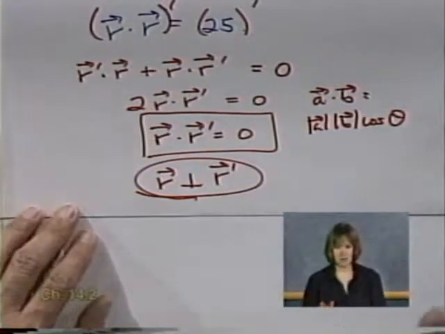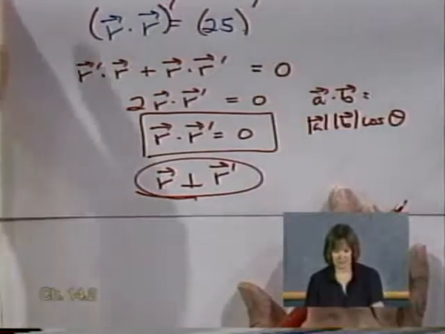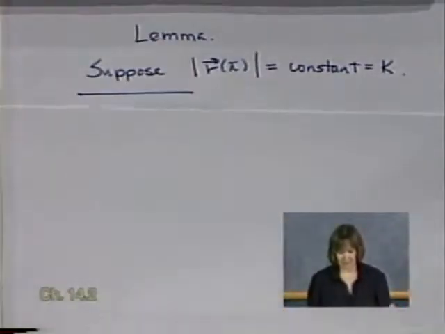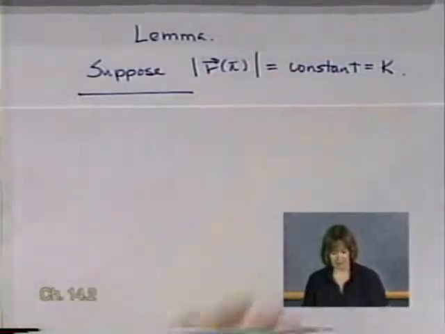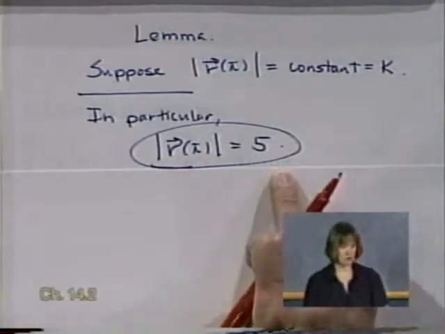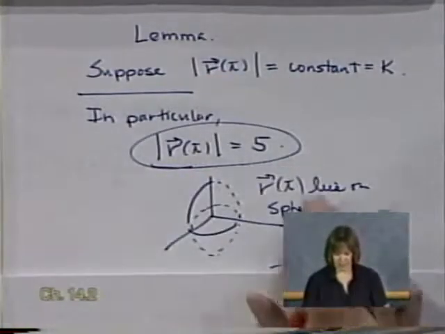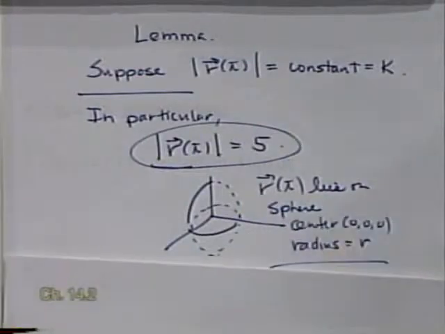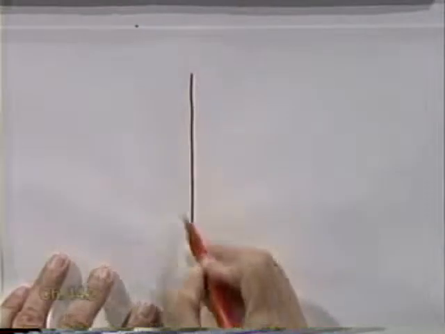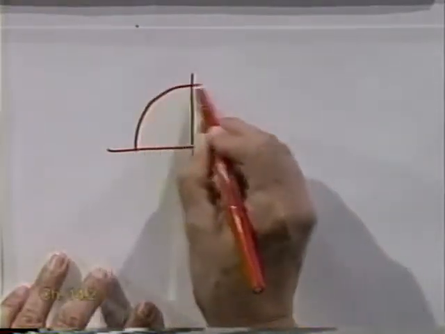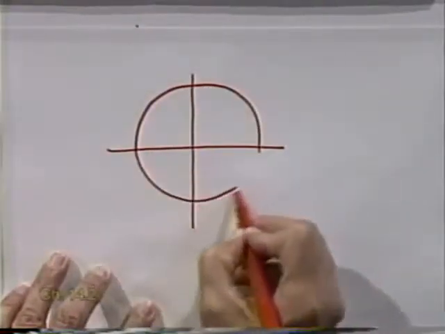Now, let me do this drawing in 2D instead of 3D. If the magnitude of r is a constant, in particular, if the magnitude of r is 5, we said in 3D I've got to be lying on the sphere. In 2D I'd be lying on a circle, a circle of radius 5.